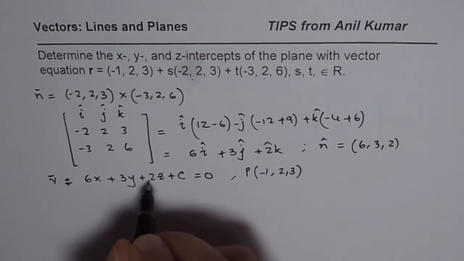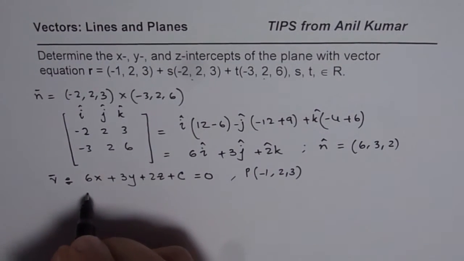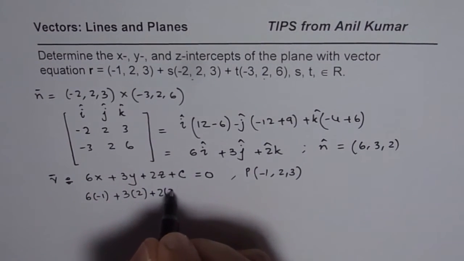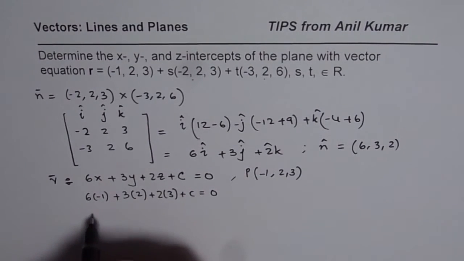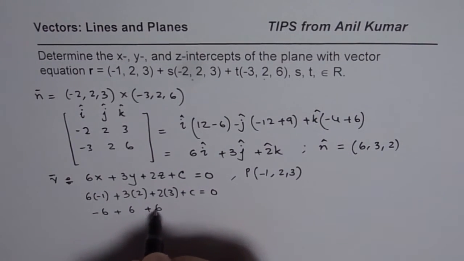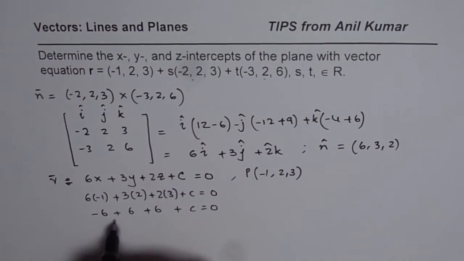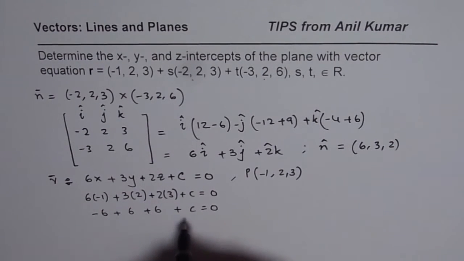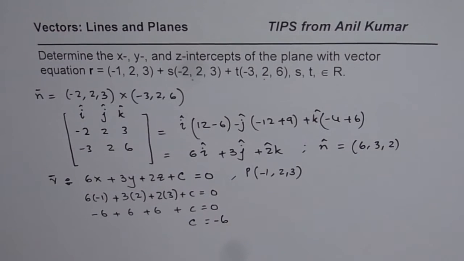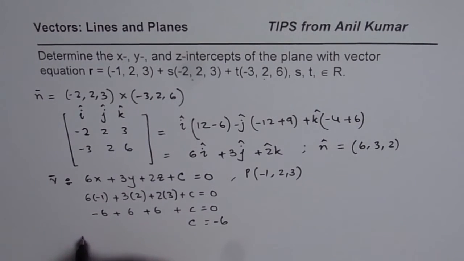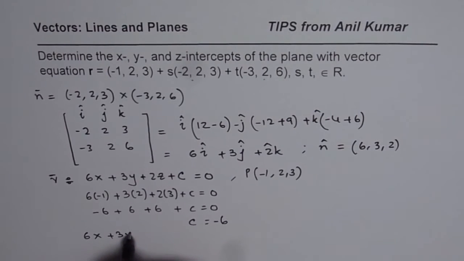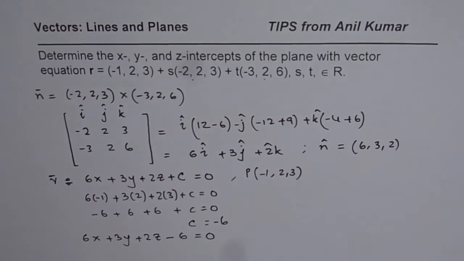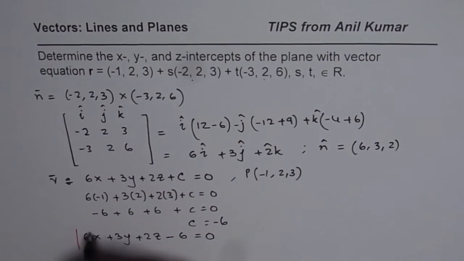So if I substitute this point here, I get 6 times minus 1 plus 3 times 2 plus 2 times 3 plus c equals 0, minus 6 plus 6 plus 6 plus c equals 0, and that gives c equals minus 6. Therefore the plane equation can be written as 6x plus 3y plus 2z minus 6 equals 0. So that is the equation of the plane in Cartesian form.